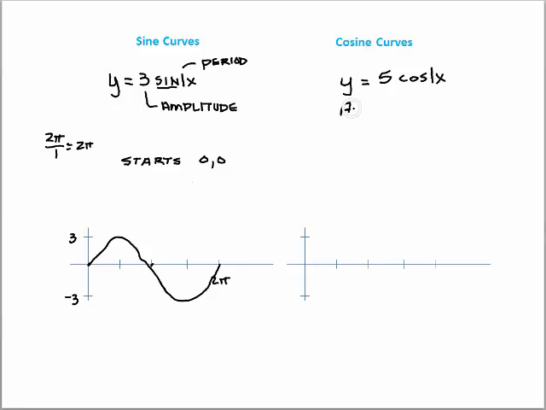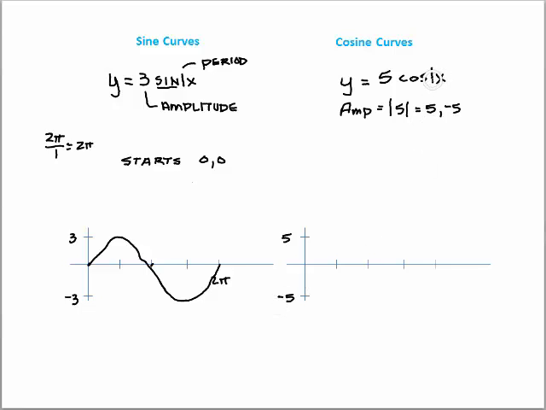Our amplitude actually equals, as we saw, it was 5 and negative 5. Therefore, we say that it's the absolute value of 5, which equals 5 and negative 5. So we'll put 5 here at our maximum amplitude and negative 5 here at our minimum amplitude.